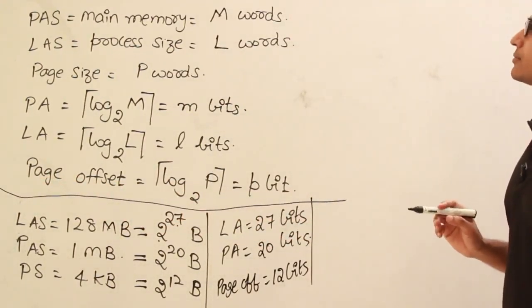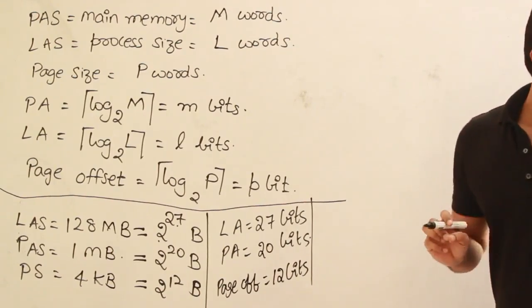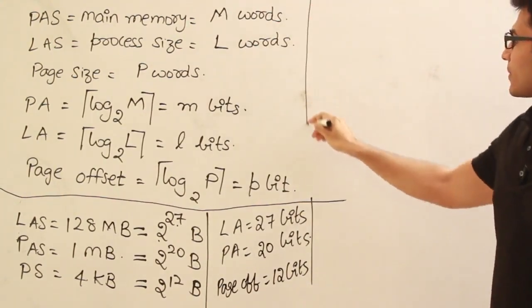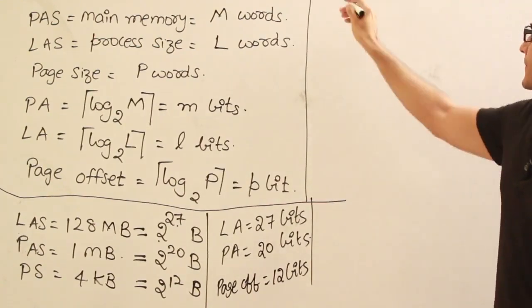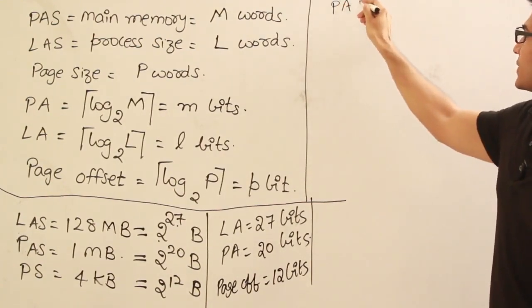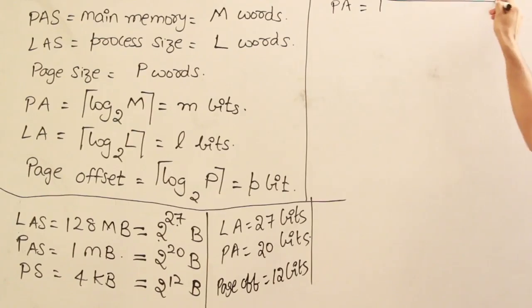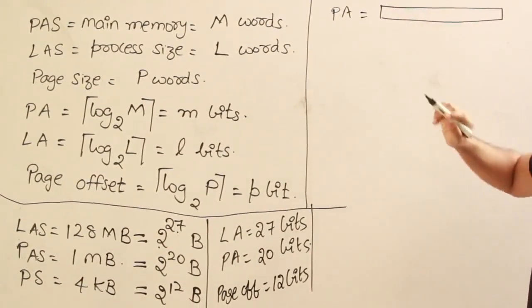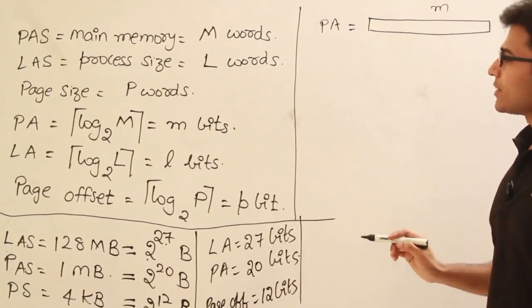Now in this case, we know that the physical address is m bits, isn't it? So why is the physical address m bits?